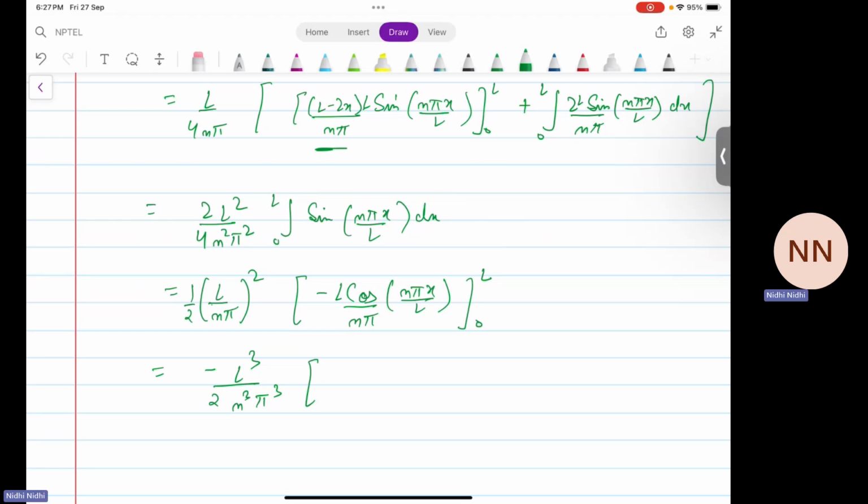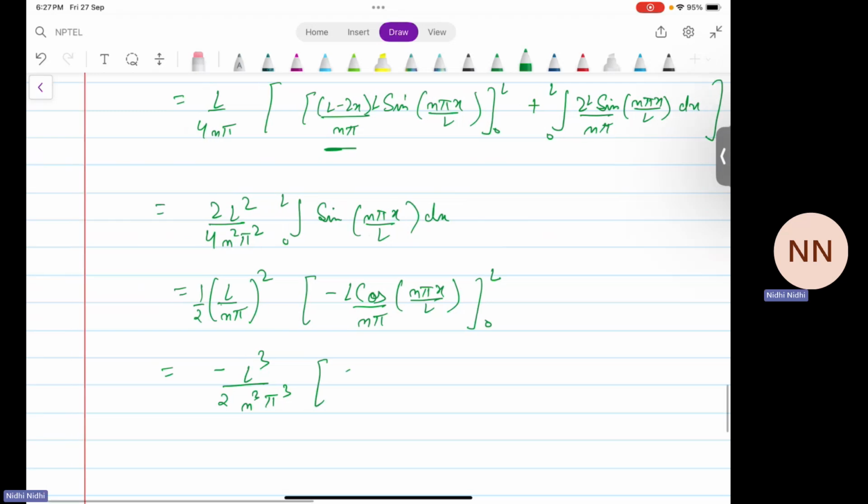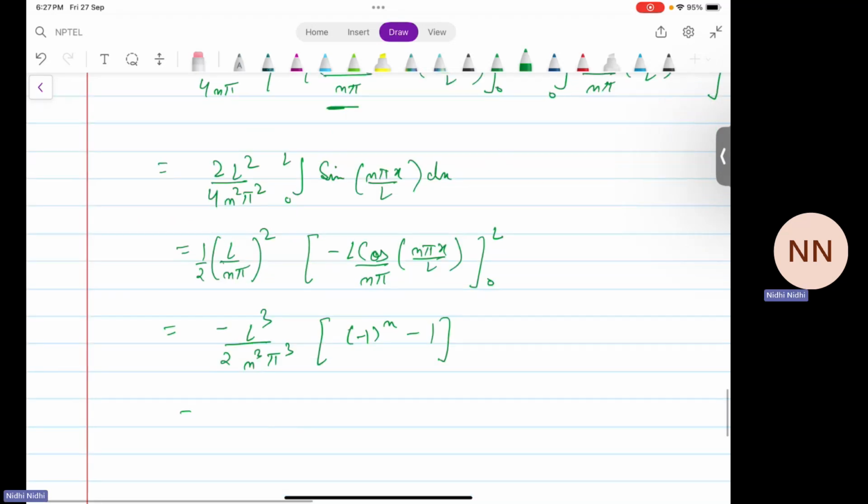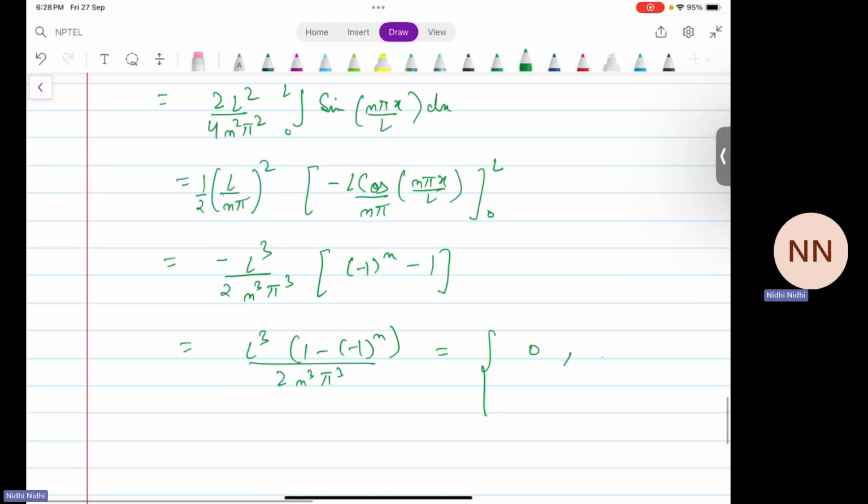You know that cos nπ is (minus 1) to the power n and cos 0 is 1. So this is L cube times (1 minus (minus 1)^n) by 2n cube π cube, which is 0 when n is even, because when n is even, (minus 1) to the power n will be 1, and this will turn out to be 0.